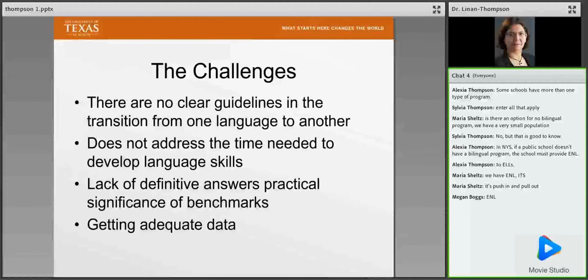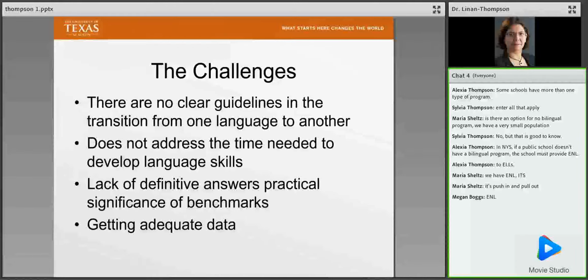And as all of you know, some children seem to develop skills very quickly, while others take more time. Sometimes it's not related to even their scores. There's a lot of variability between literacy and language skills.